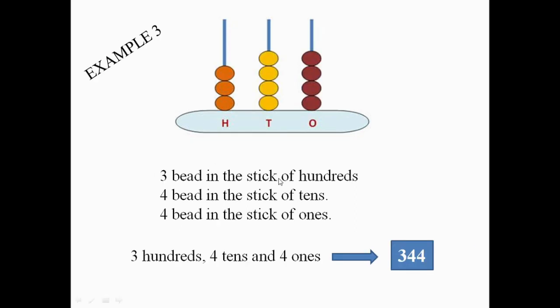Here we have 3 beads in the stick of hundreds, 4 beads in the stick of tens, 4 beads in the stick of ones, which is 3 hundreds, 4 tens and 4 ones, which is equal to 344.